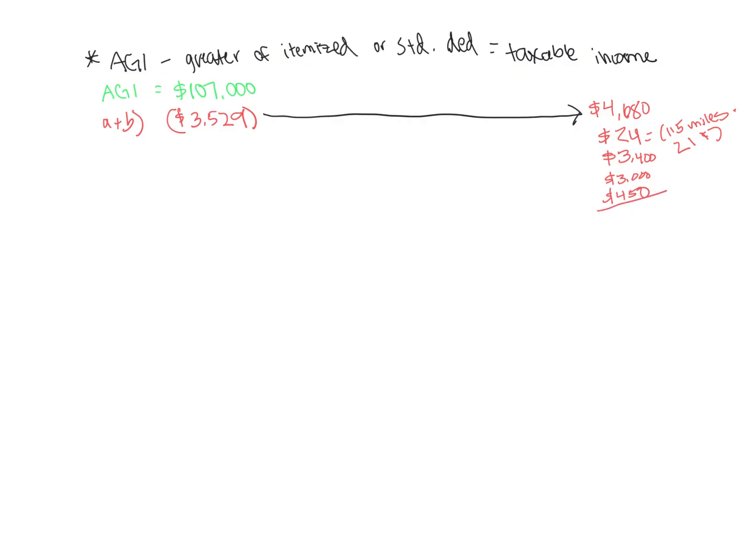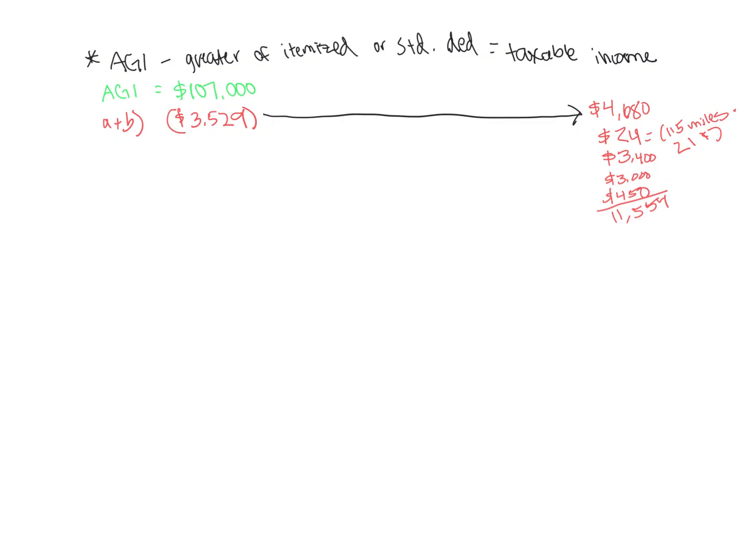So then if we were to add all of those together just to see what that total medical expense number is, that gets us to $11,554.